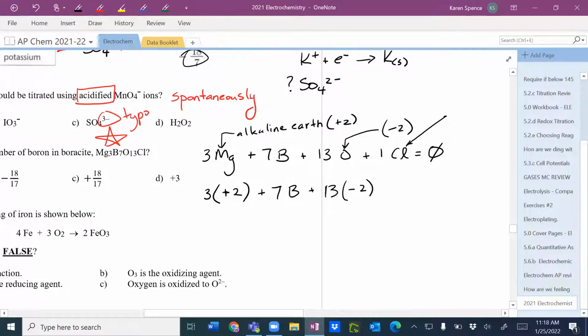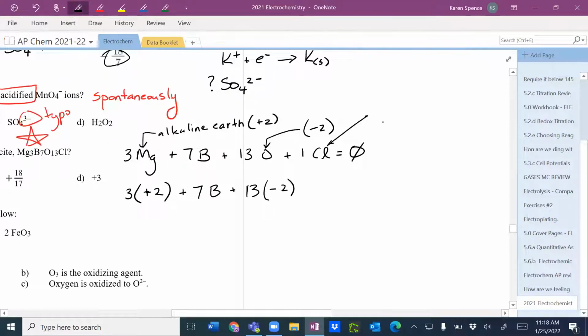It can have a variety of different charges, but if they're asking you to find boron, you have to assume that the oxygen and the chloride have the most common oxidation state possible, and that is -1. So that's plus -1 equals 0. And I'm going to do this in the long form. 6 plus 7b minus 26 minus 1 equals 0.